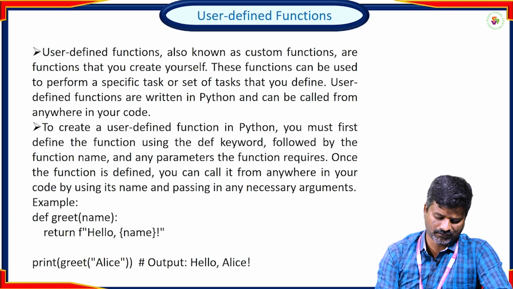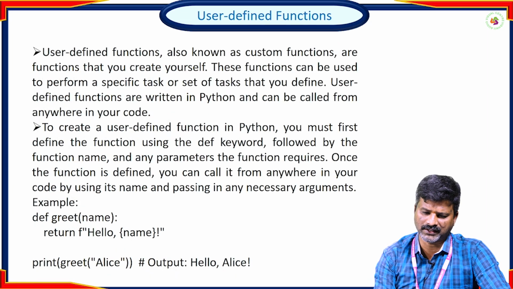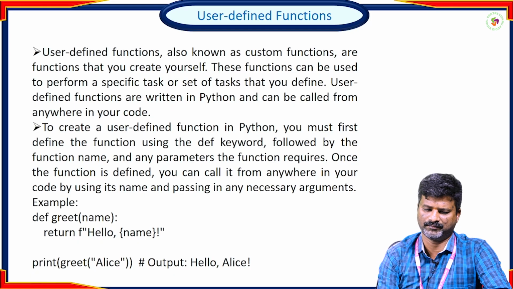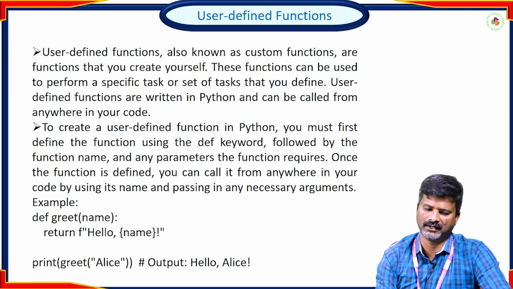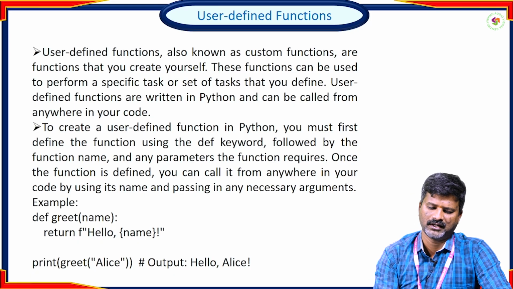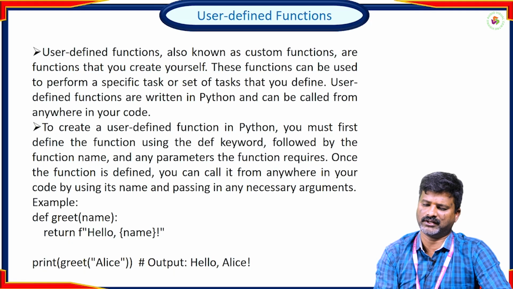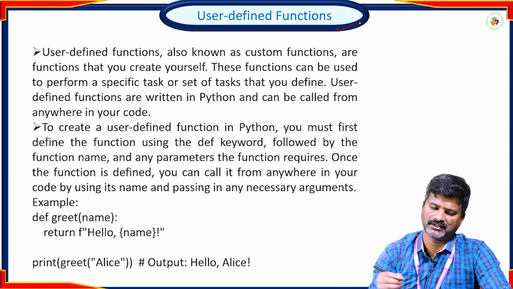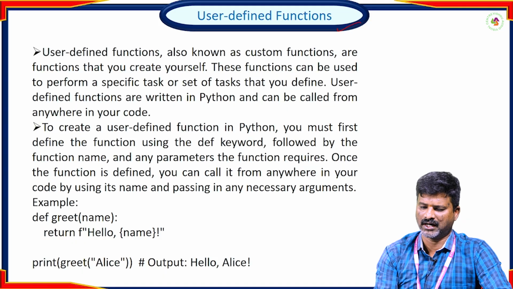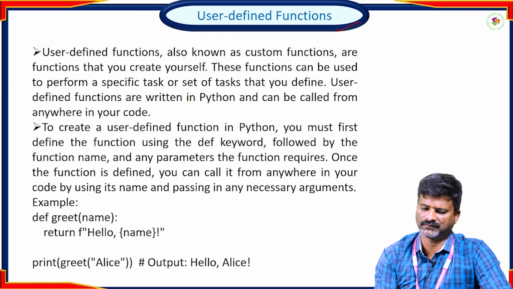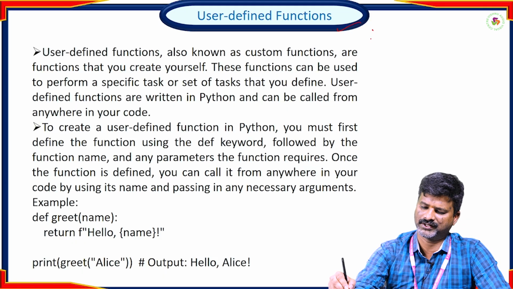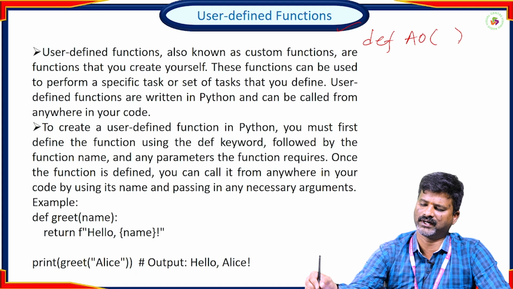Then coming to user defined functions, whatever functions we created previously, like my fun, we created, right? As a developer, you can define your own function. Those come under user defined. Suppose I am the developer, I want to define some functionality related to arithmetic operations, something like def AO as a function I am defining.